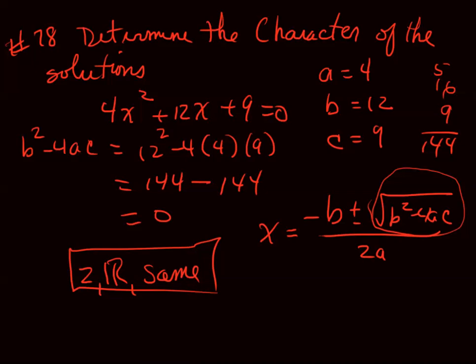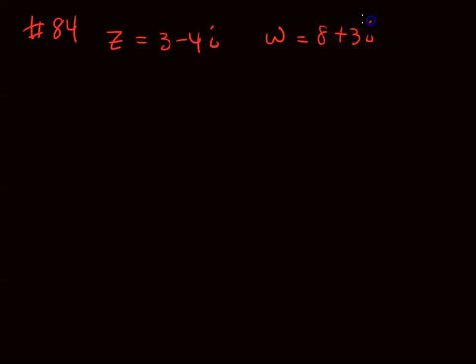One last one with our conjugates, number 84. If z is equal to 3 minus 4i, and w is 8 plus 3i, and we want to write this in a plus bi form, or standard form, what is z minus w conjugate? Let's see.